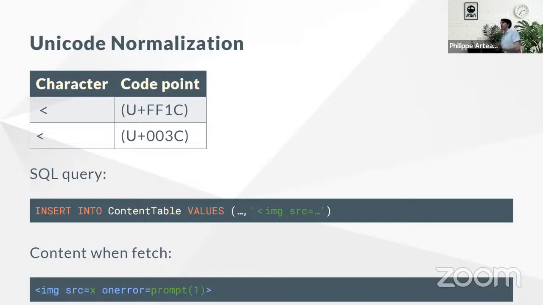I forgot the exact name of the collation or the configuration, but in SQL Server, if you store this character, the full-width one, with the default collation, it will convert it to simply the regular XML tag character, the lower than character. So this means that on storage, you'll send this to your database, but once it is fetched, it will be an actual XML tag. So this is something to test. It will depend mainly on your database configuration and the type of field that you're using, because some types of varchar will not do this, but it really depends on the collation configuration.